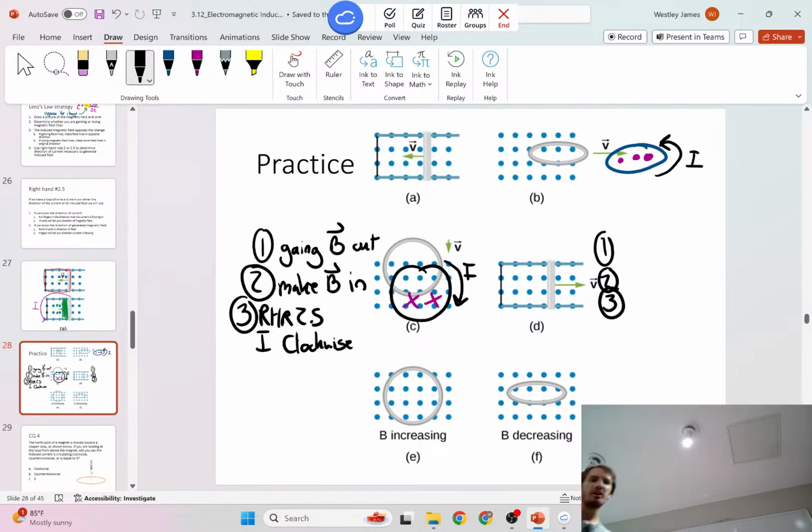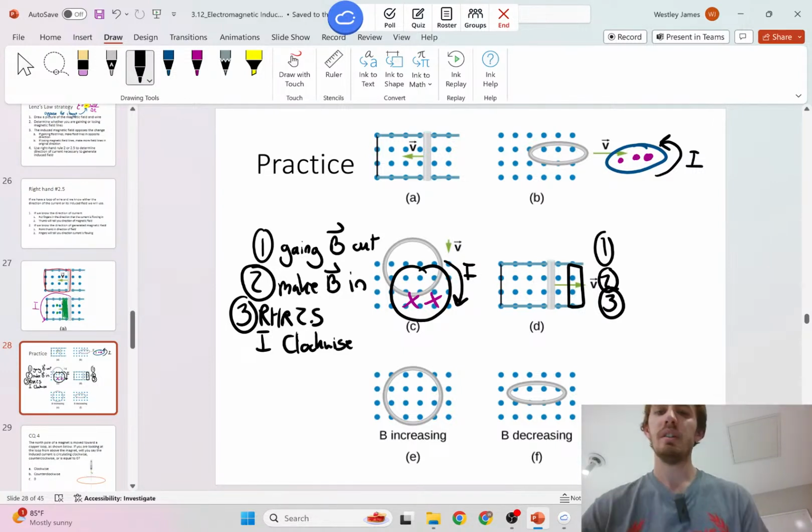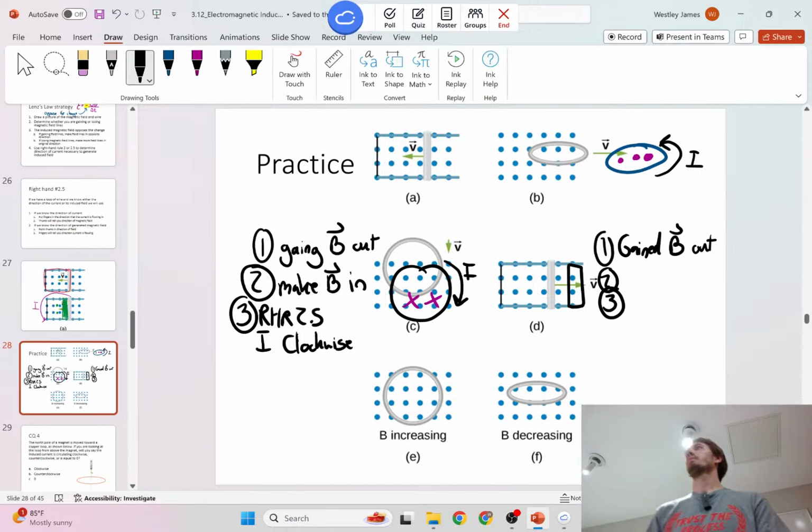So this is the exact opposite of A. So my rod at some later time is now over here. So I've gained magnetic field lines that are out of it. My loop has more of them. When it moved to the right, I have more of them.